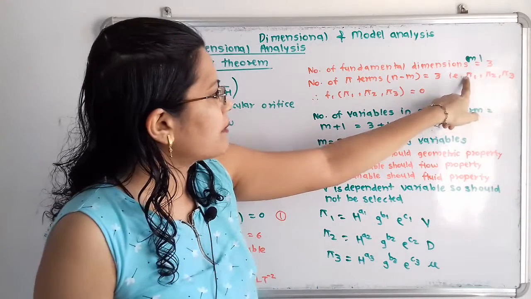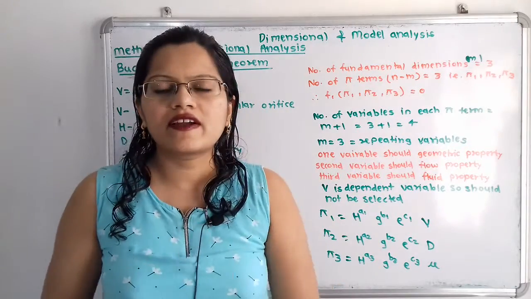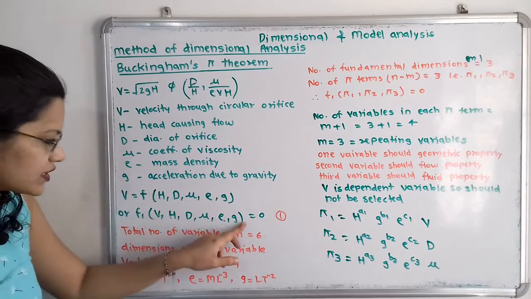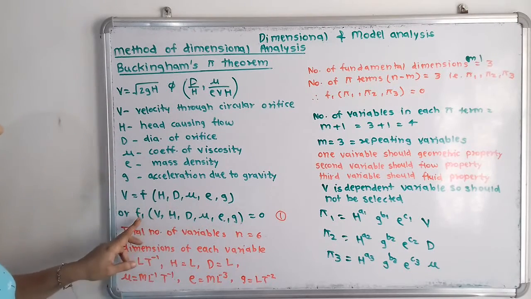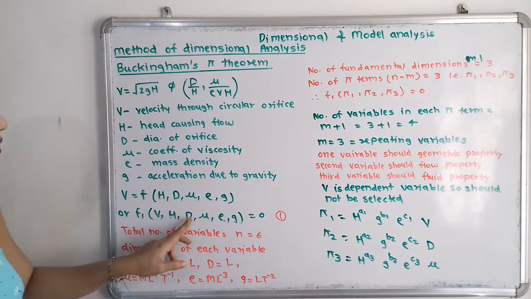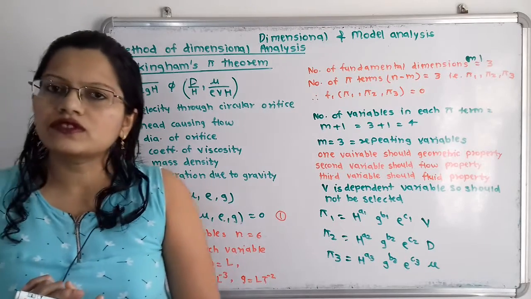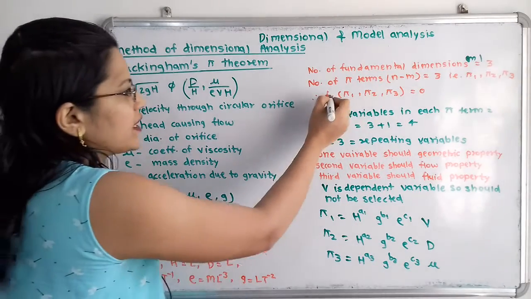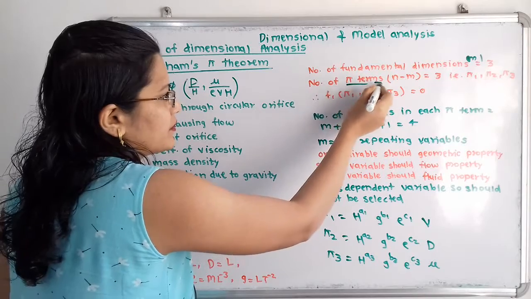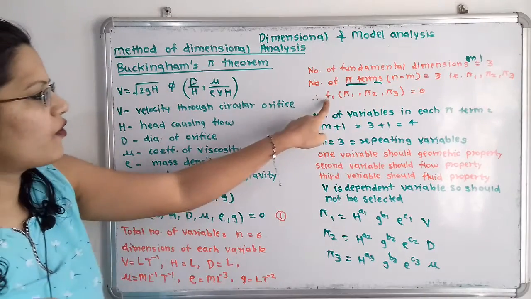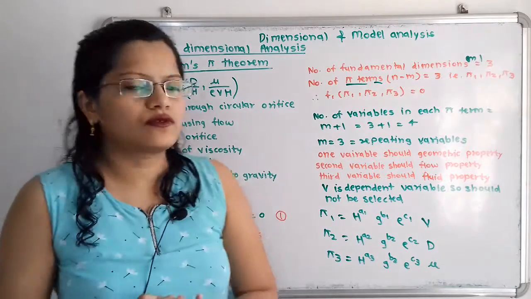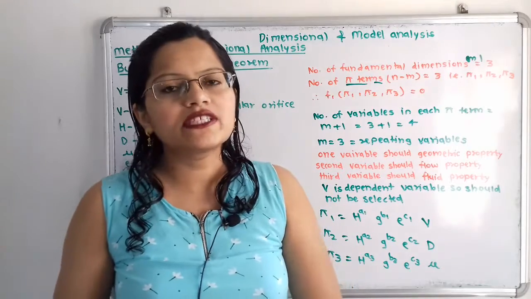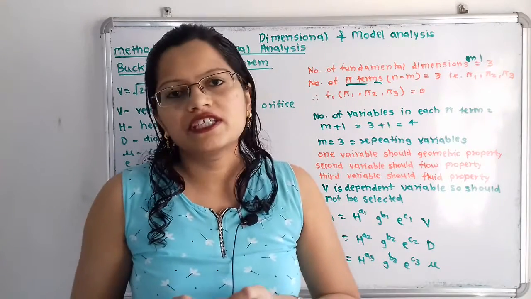Now for pi 1, pi 2 and pi 3, how can we write the equation? Instead of f1 of all these variables, we write the equation f1 of pi 1, pi 2, pi 3, which is equal to 0. So we rewrite equation number 1 in terms of the pi terms. Now, how do we decide the number of variables in each pi term?